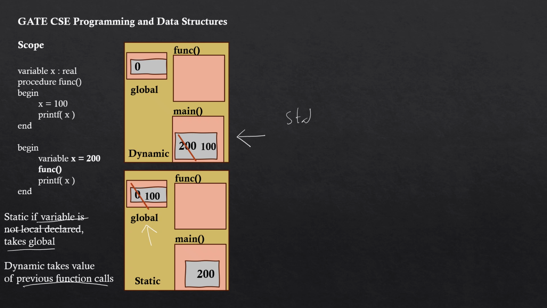So the answer for static is 100, 200, and dynamic is 100, 100. Thank you.